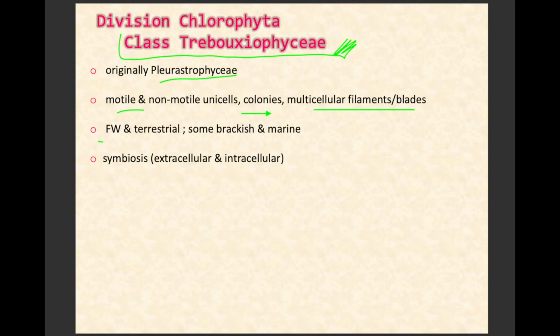Meron kang mga freshwater and terrestrial, but there are also some brackish and marine representatives of your Trebouxiophyceae. Now, this group also forms symbiosis, both extracellular and intracellular, dahil yung ibang representatives are the phycobiont of lichens. Yung kalimitan sa mga phycobiont ng mga lichen groups na meron tayo dito sa Baguio.